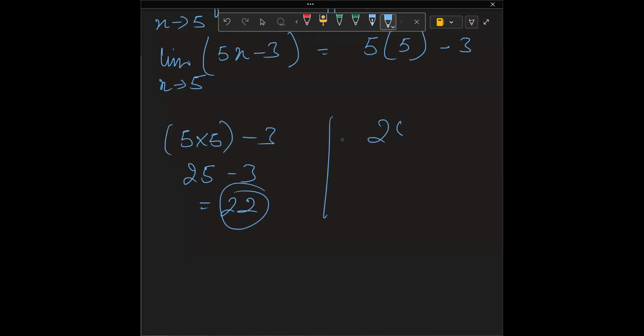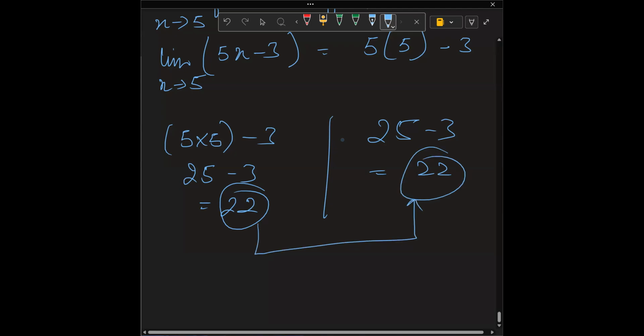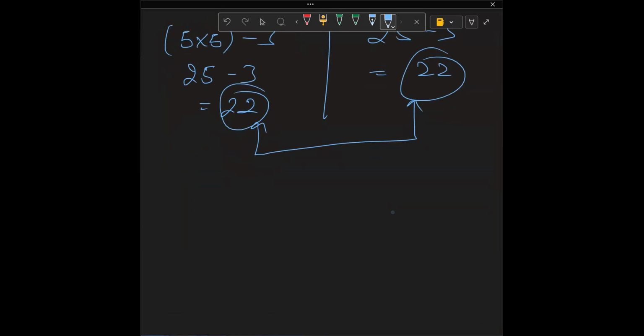And the function value here is also 25 minus 3, that is 22. So 22 is equal to 22, therefore this is continuous at x equals 5. How are you getting not continuous?